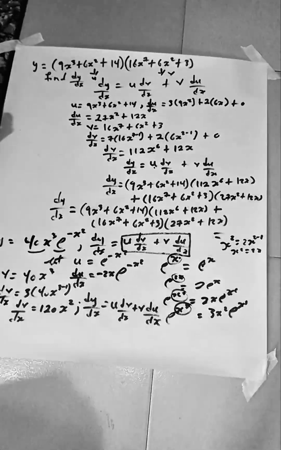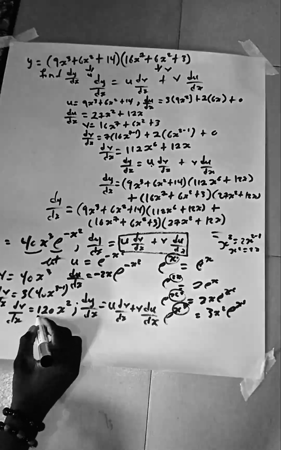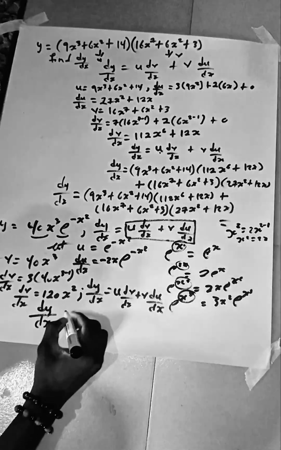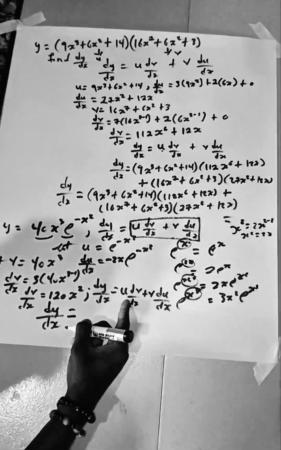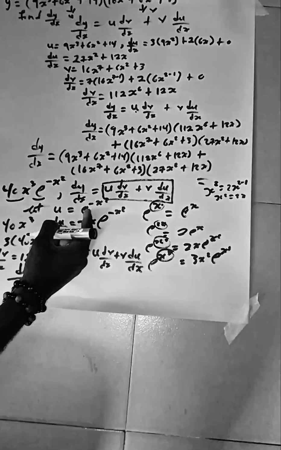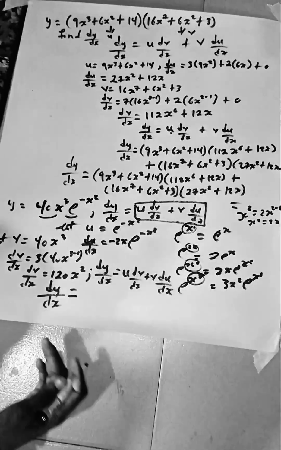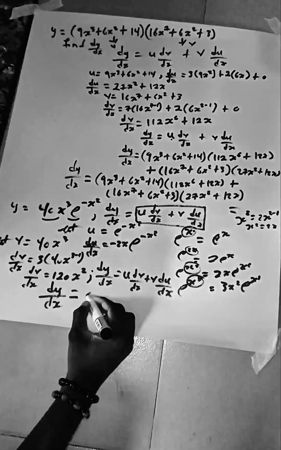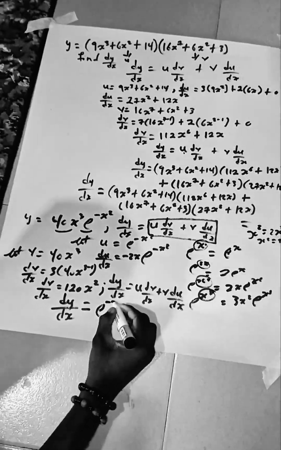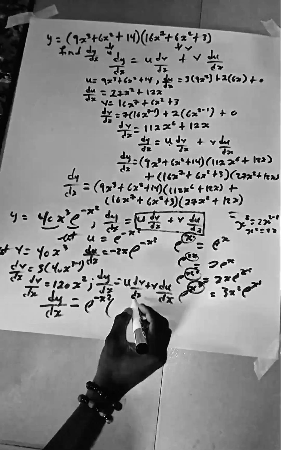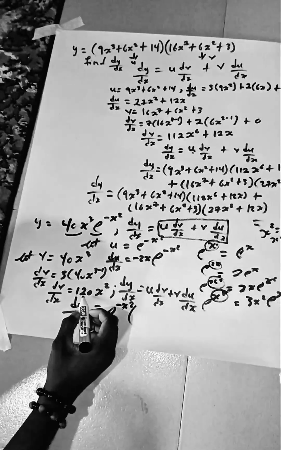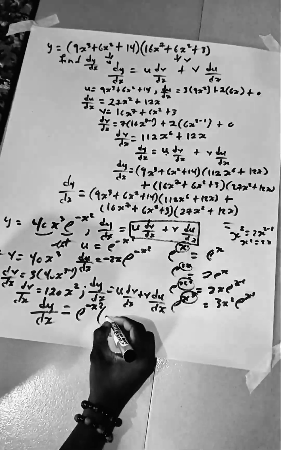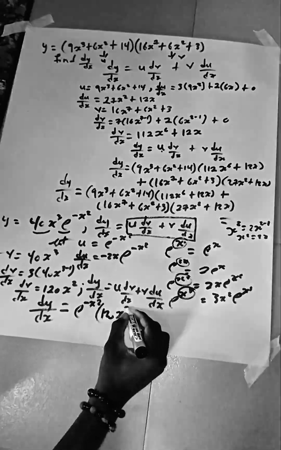So dy by dx is equal to what? U, we said our u should equal e to the minus x squared. We changed the order to show you that it doesn't really matter. The order doesn't matter. So our u is just going to be e raised to the power minus x squared multiplied by dv by dx. dv by dx, we established it to be 120x squared. So we have 120x squared.